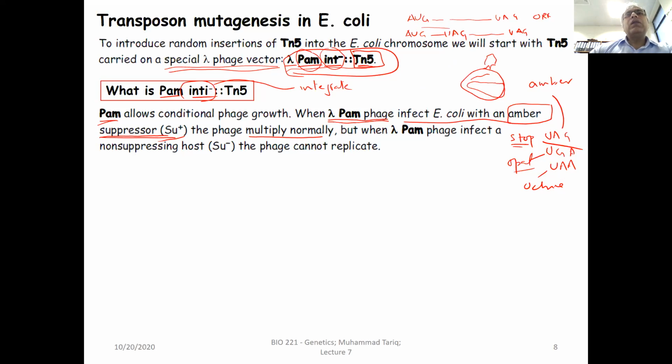So normally each of the codons is read by tRNAs, and tRNAs bring in a corresponding amino acid. For example, AUG will bring in methionine.